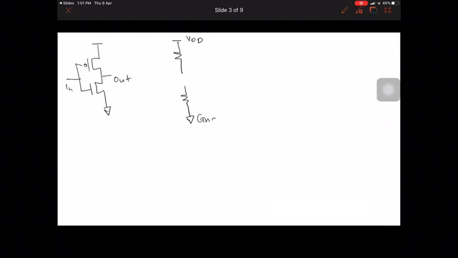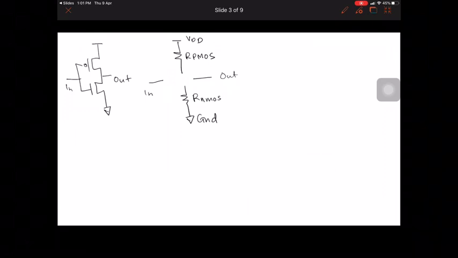This is ground, and this is R NMOS and R PMOS. And you have your in and you have your out. Depending on which one is on, the output will be connected to either the PMOS or the NMOS.